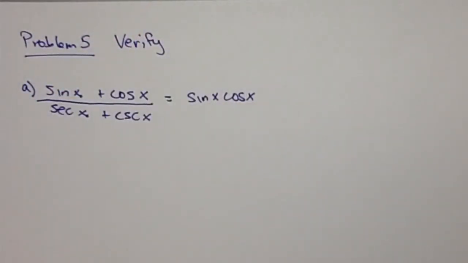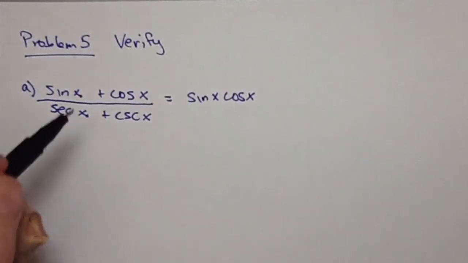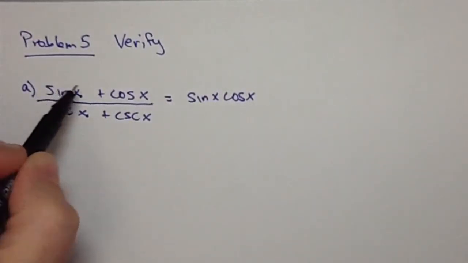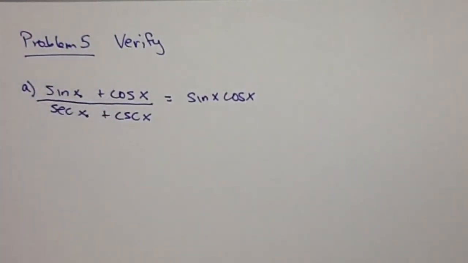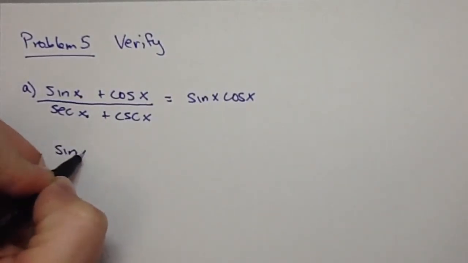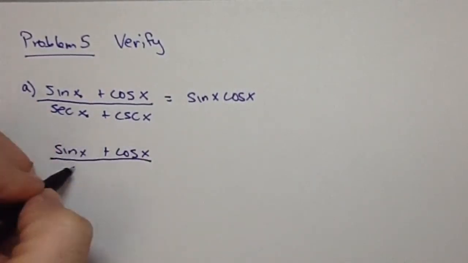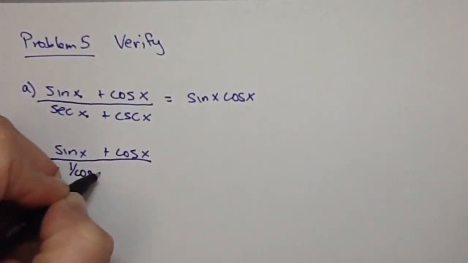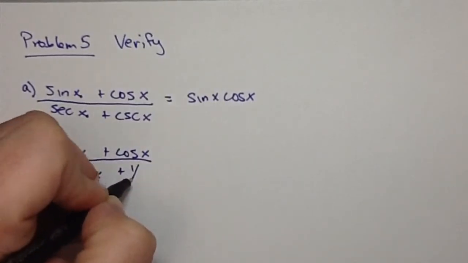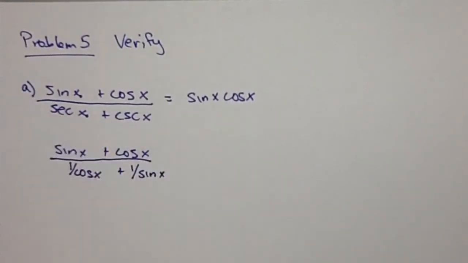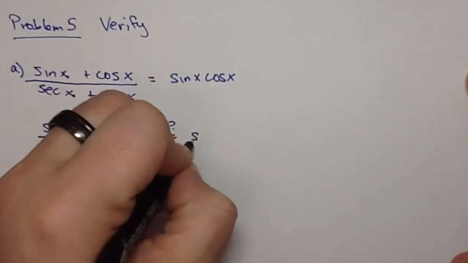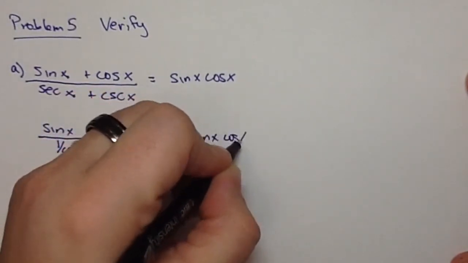So the first step is always to change anything that's not a sine or a cosine into sines and cosines. So we have (sine x plus cosine x) over (1 over cosine x plus 1 over sine x) equals, we hope, sine x cosine x.